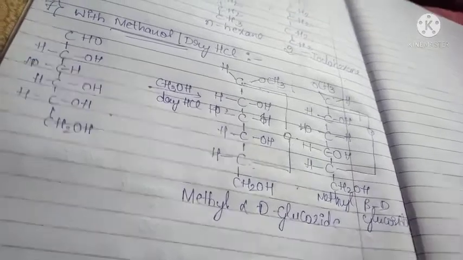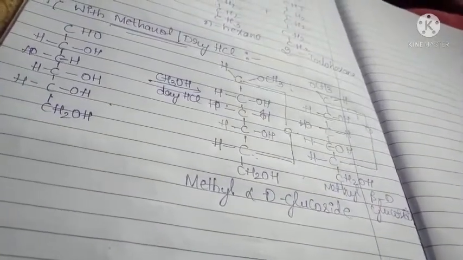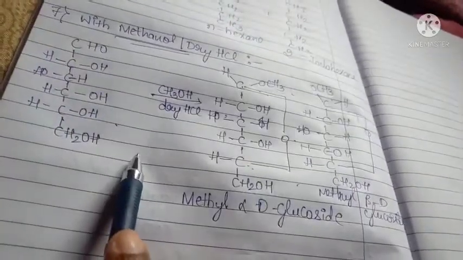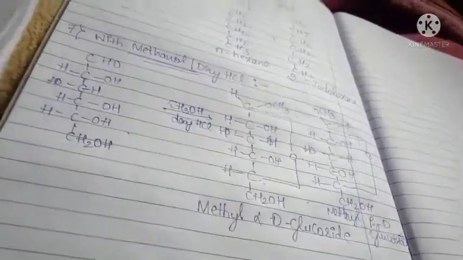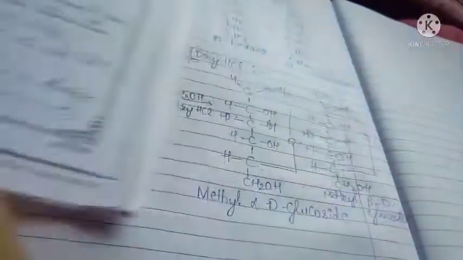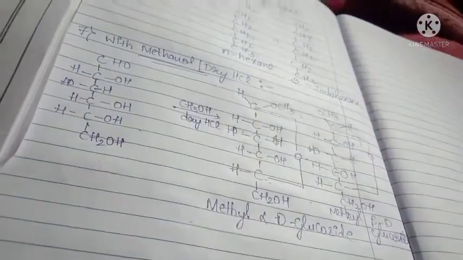Okay, this is all about the reaction with methanol or dry HCl. Two possibilities are there. One is methyl alpha D glucoside and another one is methyl beta D glucoside.